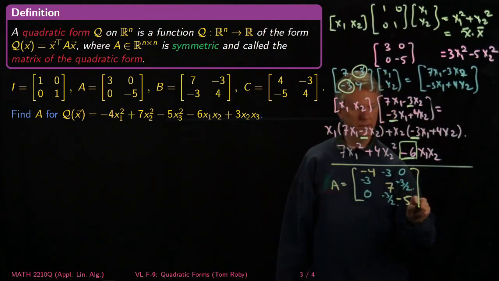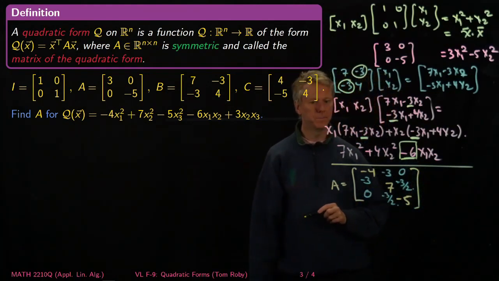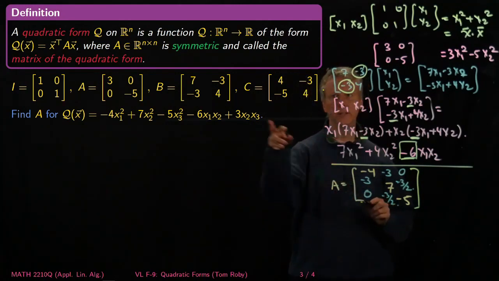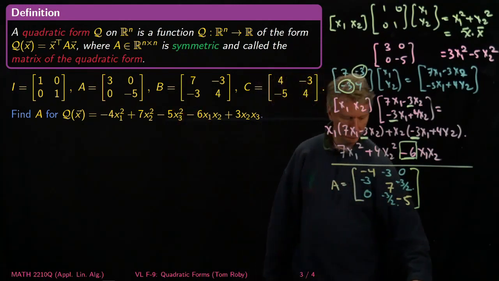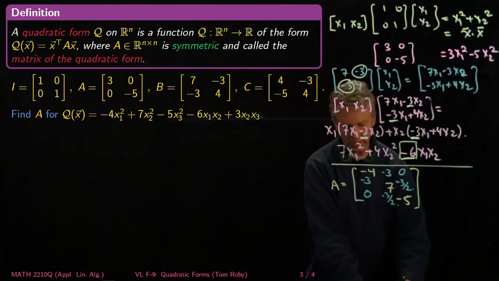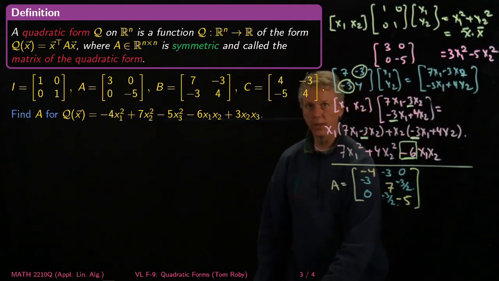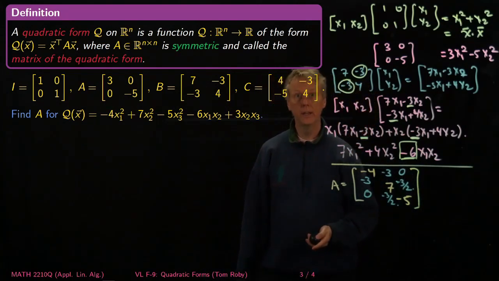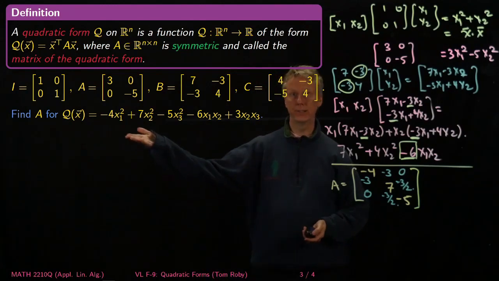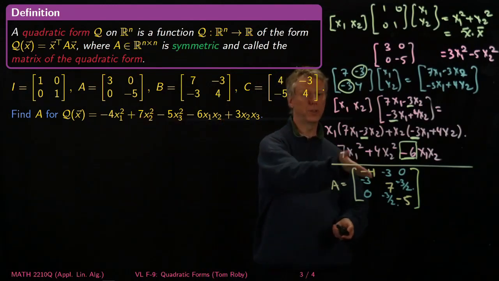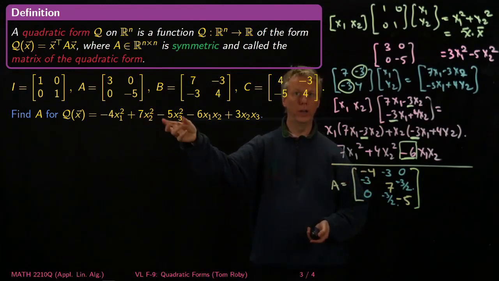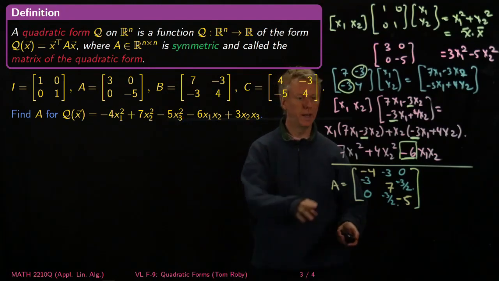That's the matrix that corresponds to this quadratic form. So this is a very straightforward correspondence. There's nothing very hard to understand about it. Just look at the quadratic terms, put those on the diagonal, and split all the cross terms in half, like that.